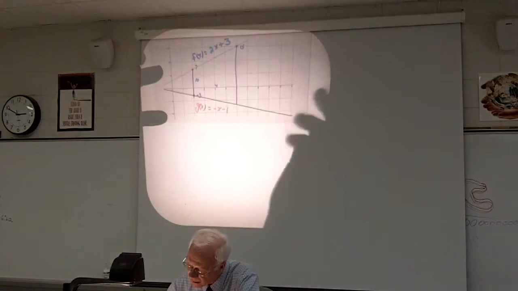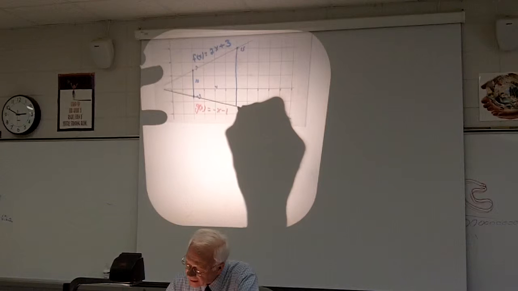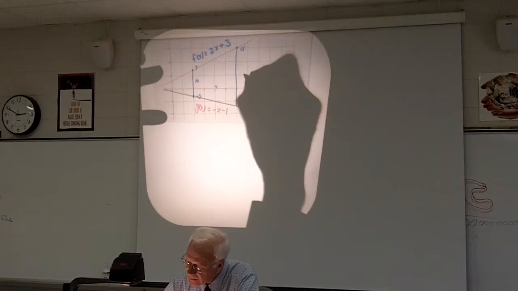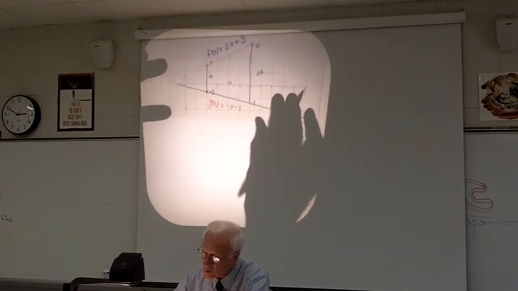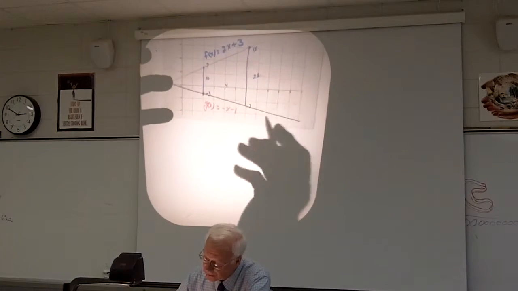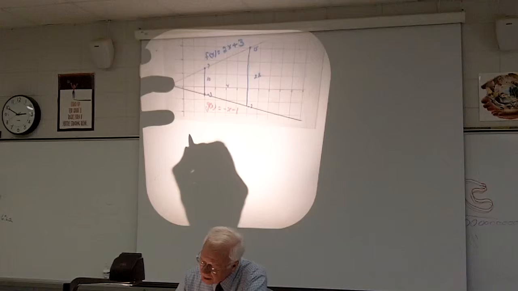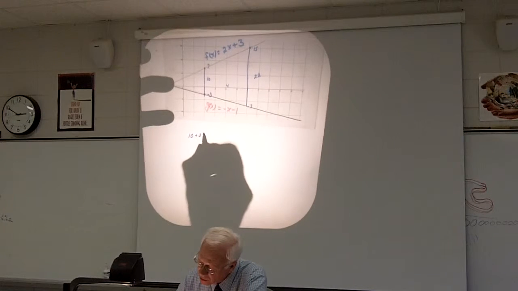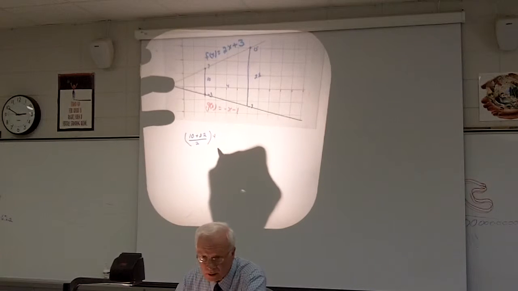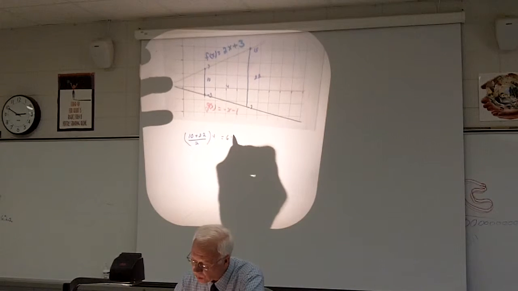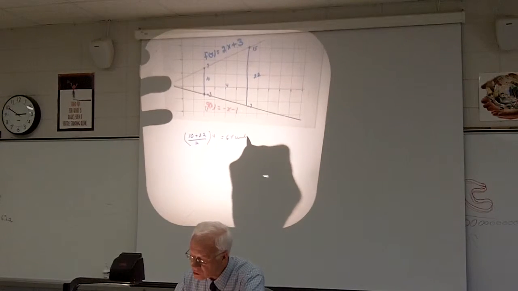You can just see it up there the way I've graphed it. -7. So this side is going to be 22, right? So the area of this trapezoid is going to be 10 plus 22 divided by 2, the average, times the height, which is 4. So it's going to be 64 units squared.